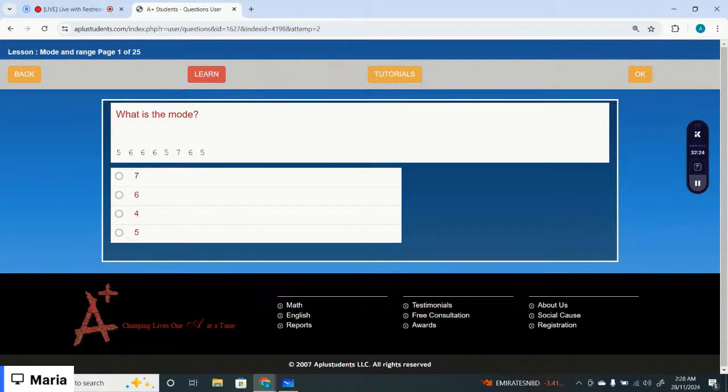The correct option is 6. 6 is the number that appears the most of the time in the given data. You can see 6 appears 1, 2, 3, 4 times, right? So the correct option is 6. Very good.